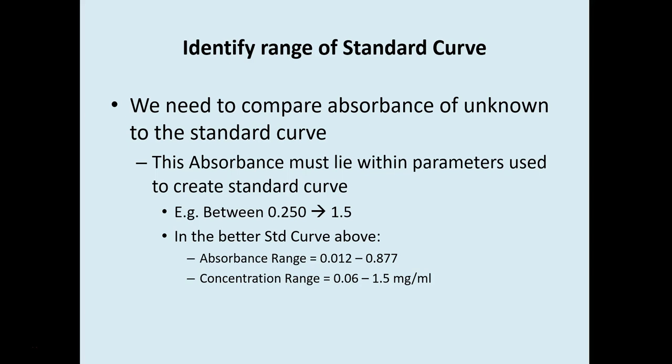So in this case, if you remove the 2 milligrams per milliliter, it becomes 1.5 instead of 2. Similarly, for your absorbance range, it would be the absorbance for your lowest concentration of the standard protein and the absorbance of the highest concentration of the standard protein, and that would be considered the standard curve range.